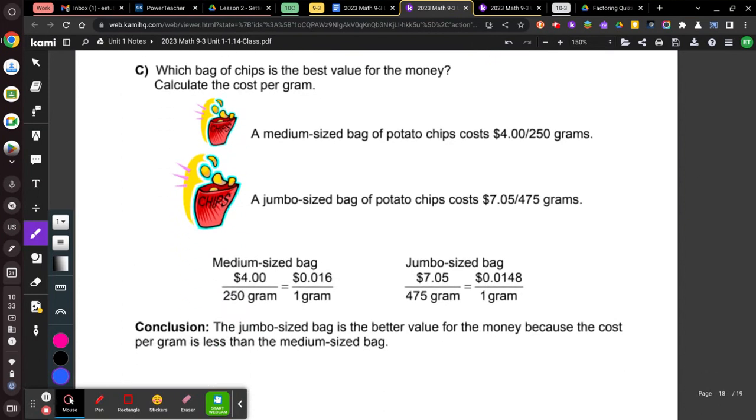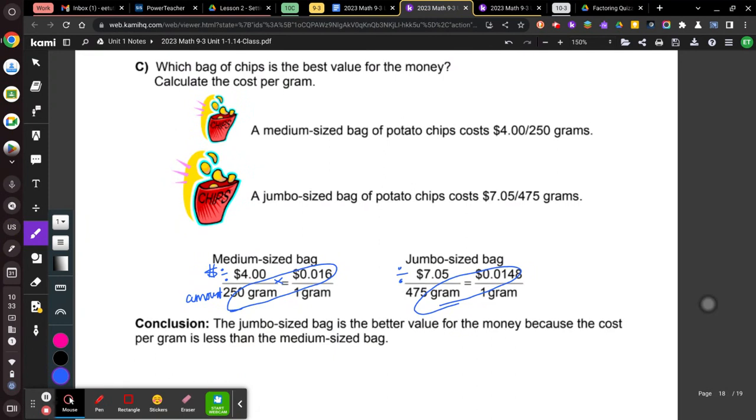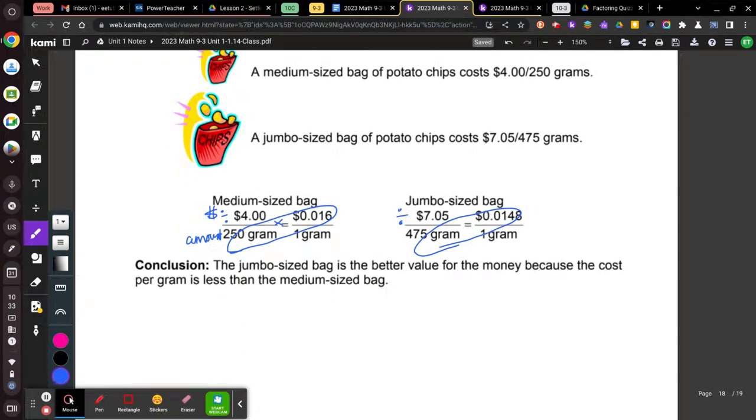So I need to set up cross multiply, money on top of amount, money on top of amount. This time I need to cross multiply this way and divide by the number left over. Same thing here. I need to cross multiply and divide. Once I do my cross multiplying and dividing, we're going to find out which one is cheaper.